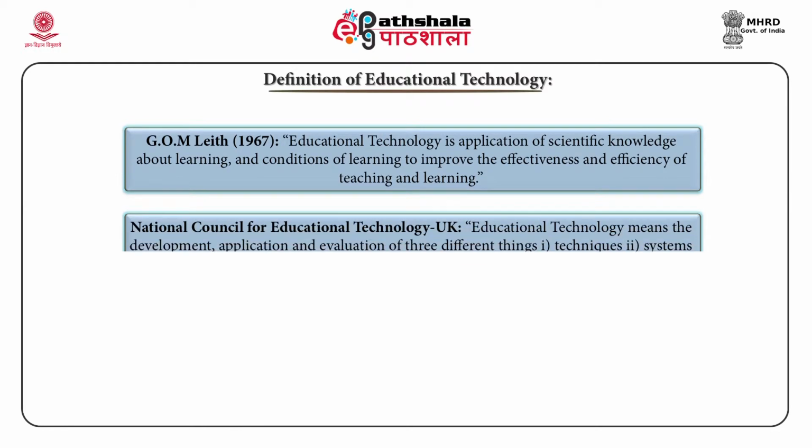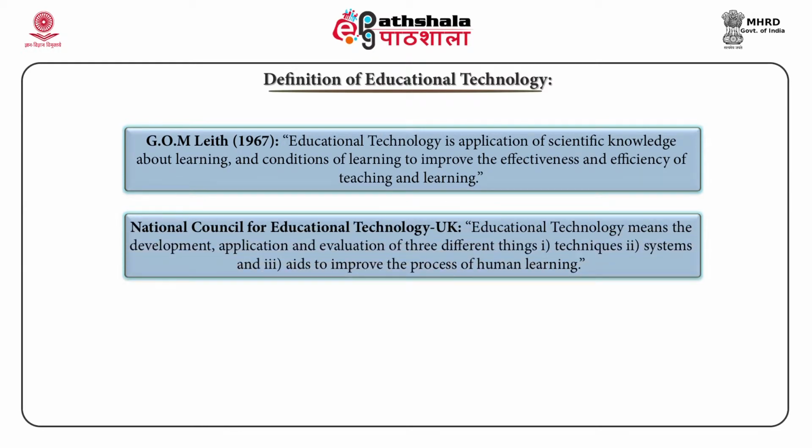The National Council for Educational Technology, UK, says that educational technology means the development, application, and evaluation of three different things: techniques, systems, and aids to improve the process of human learning.